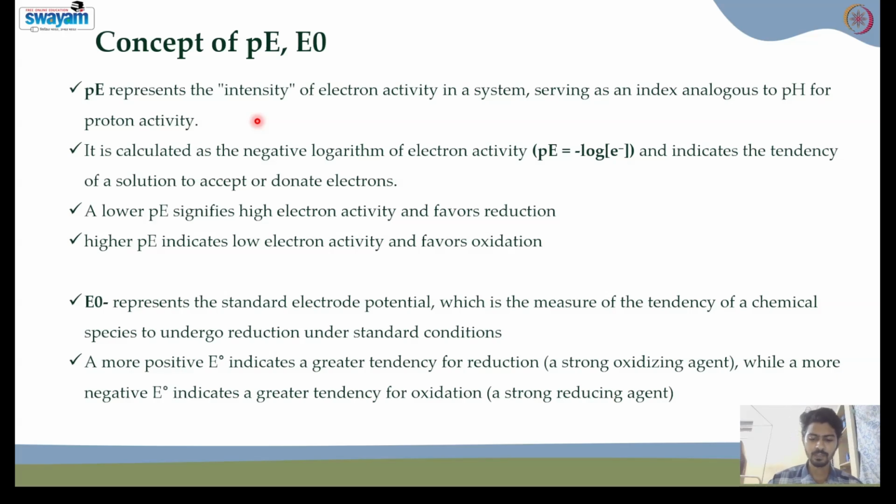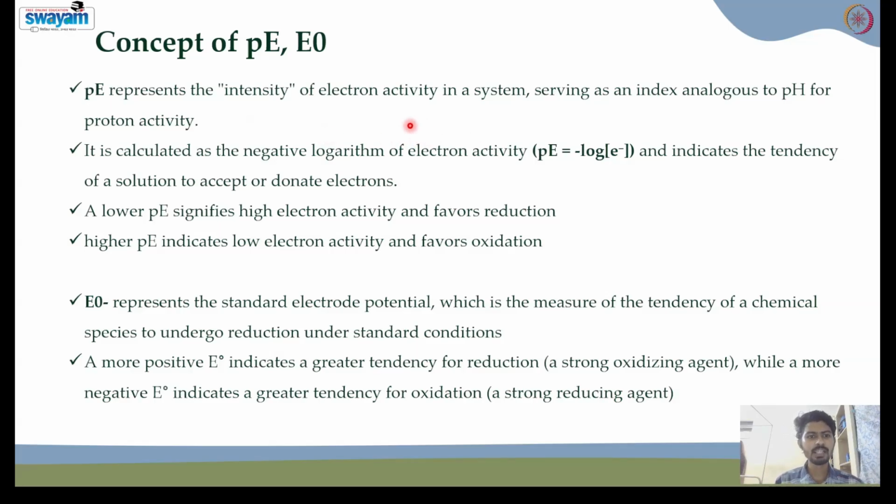If the H plus protons are less, what do we call it? It is acidic or basic. If there are very few H plus ions, we call it acidic. If there are a higher number of protons, we call it basic, right?